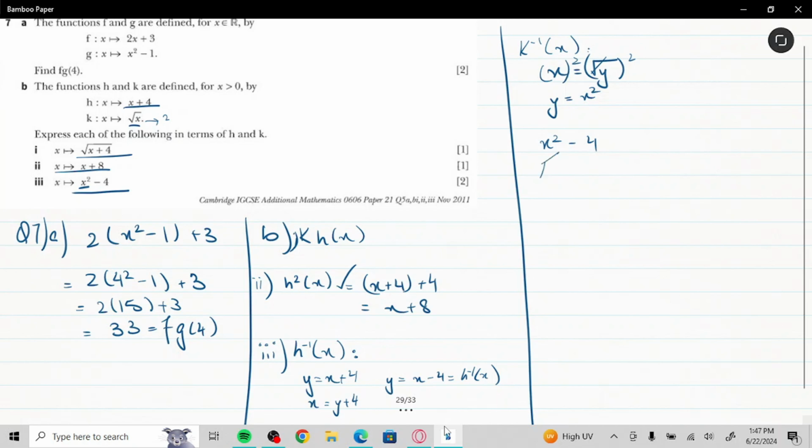So that's our answer. The inverse of h will have the inverse of k in it. I know it may sound a bit confusing, but it is a confusing topic. So that's for question 7.